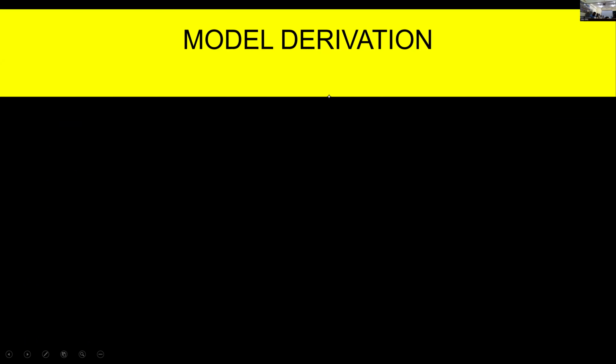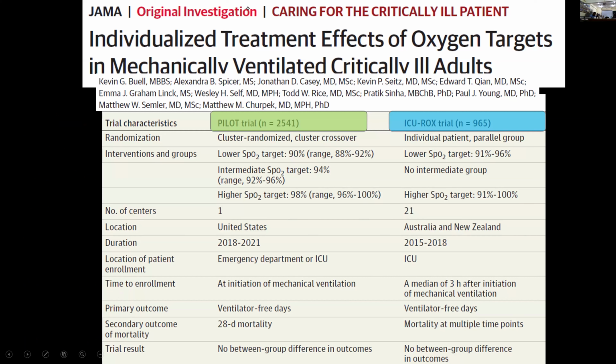When you do this, people get confused about what I mean by derivation and validation. You make the scoring set based on one trial or one data set, and you try and see if it works on the second data set. So what they did is take the pilot study for deriving the model and validate the model in the ICU-ROX study.